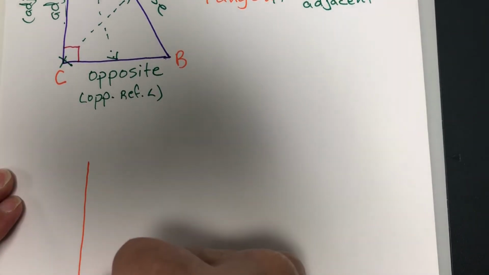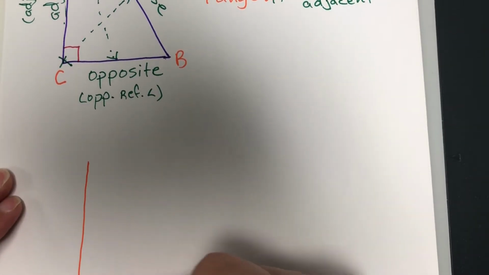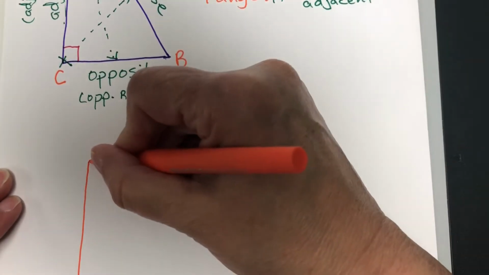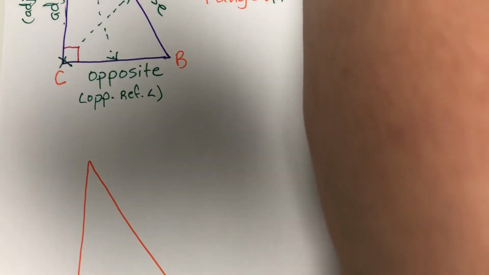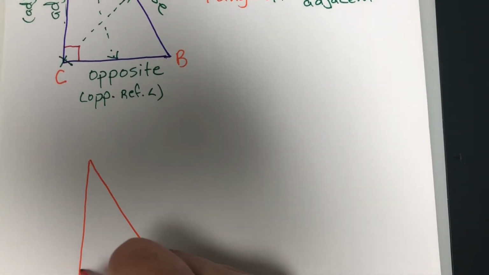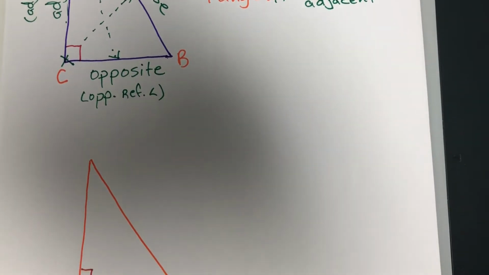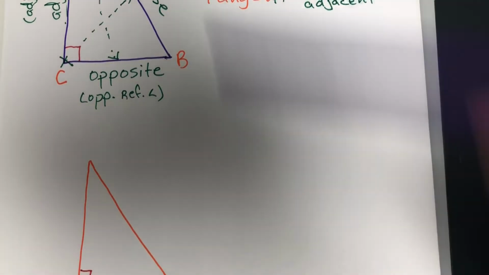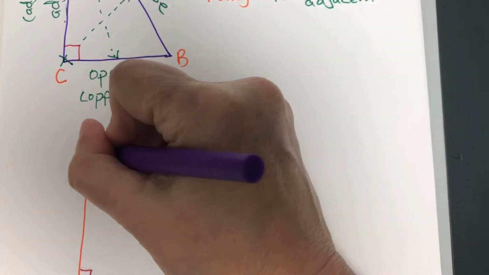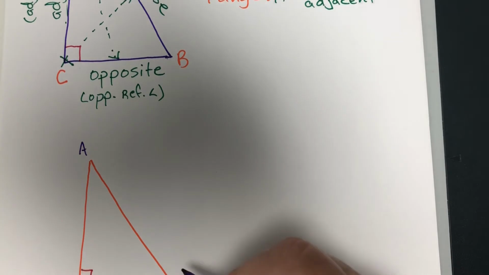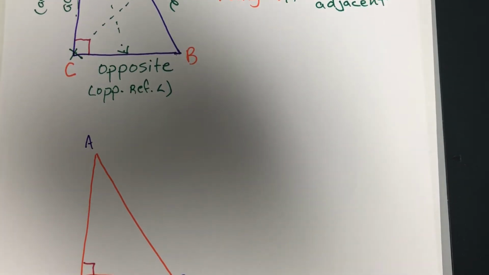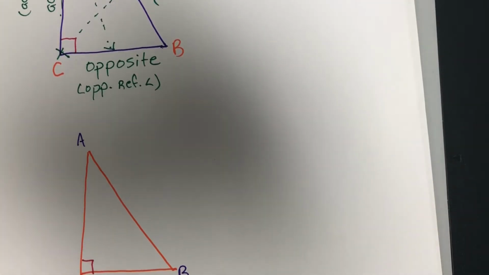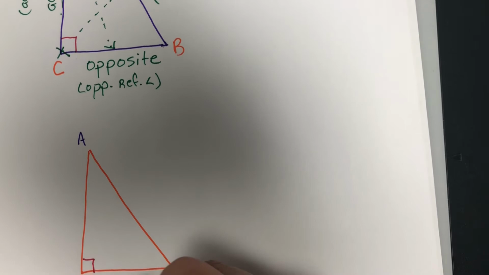So suppose we have a right triangle. I always like to use red for my right angle. And this time I'm going to use side lengths.